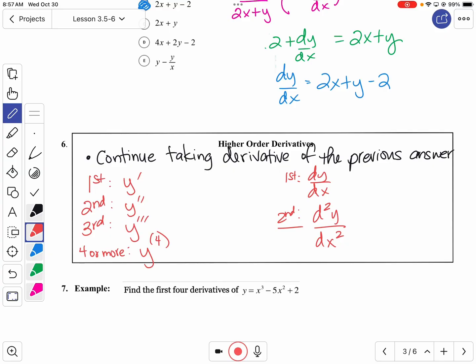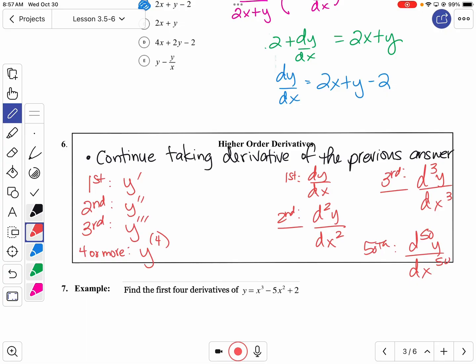Nobody's going to say all those words, but that's what it is. And the nice thing about this is that we continue it regardless of how many derivatives we're going to take. d3y dx3. If it's the 50th, d50y over dx to the 50th. So we don't have to swap notations because we're not using little symbols. We're actually using this formal notation.